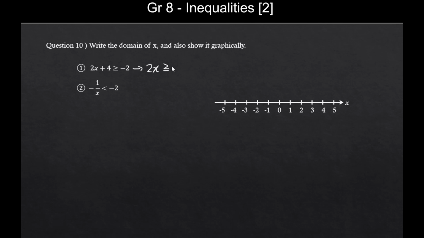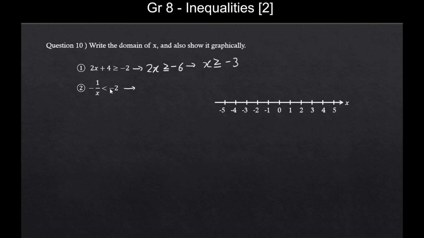So it's gonna be -6, right? And then we're gonna have x is greater than or equal to -3 because we're dividing both sides by 2, right? So x is this.